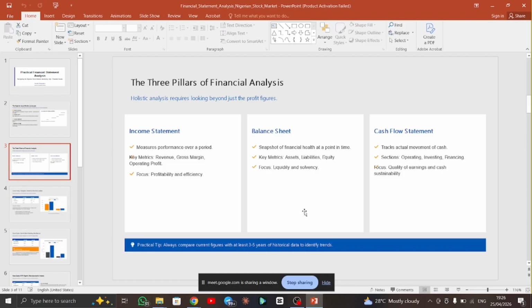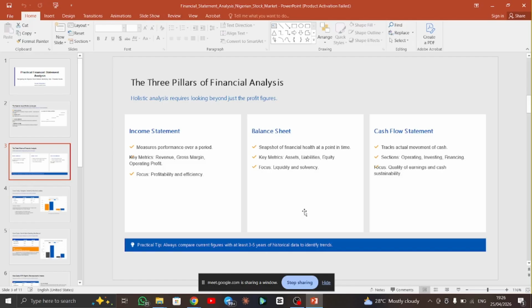Now, these three are not the same. Revenue is just the amount of money they generate. Let's say it took a company some amount of money to produce. When you subtract the whole amount of money it took from what you sold those products for, you get the gross margin, which is the profit you derive from the sale of those products.